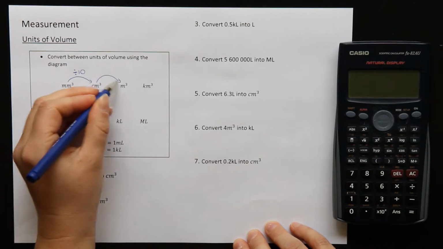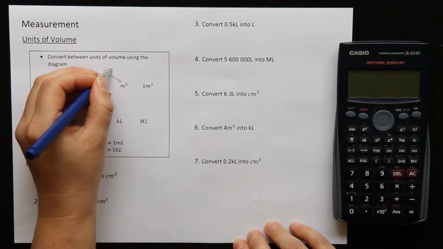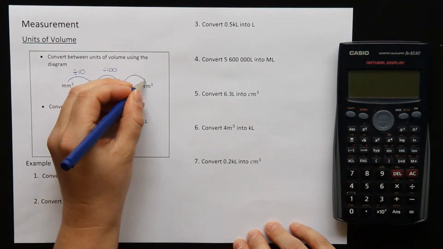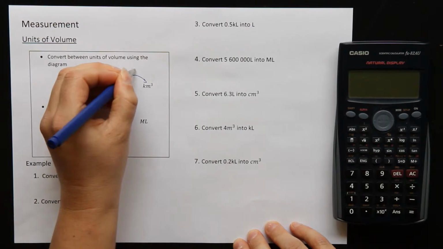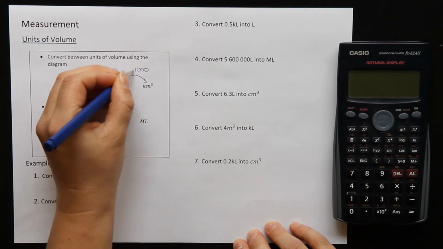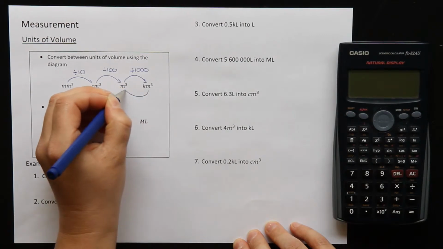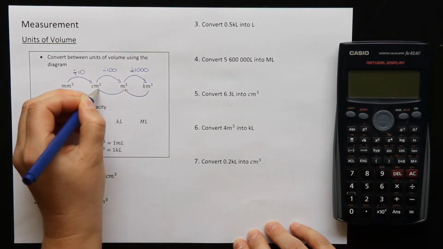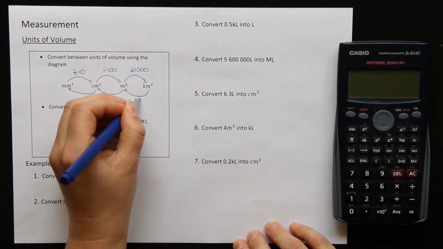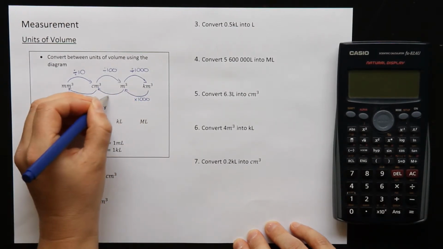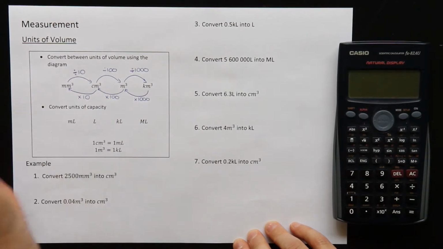If I want to get from centimeters to meters, I would need to divide by 100, and if I wanted to get from meters to kilometers, well, there's 1,000 meters in a kilometer, so I need to divide by 1,000. And if I was going the opposite direction, drawing arrows the other way, I would need to times kilometers by 1,000, times that one by 100, and times that one by 10.